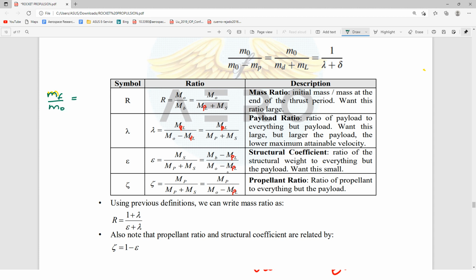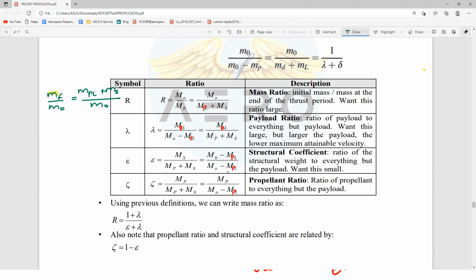What is mf? I said just now, it is nothing but the payload plus the structural weight, to the initial weight. Sometimes they will give you the payload weight and the structural weight and ask you to identify the mass ratio. So you can make use of this formula.